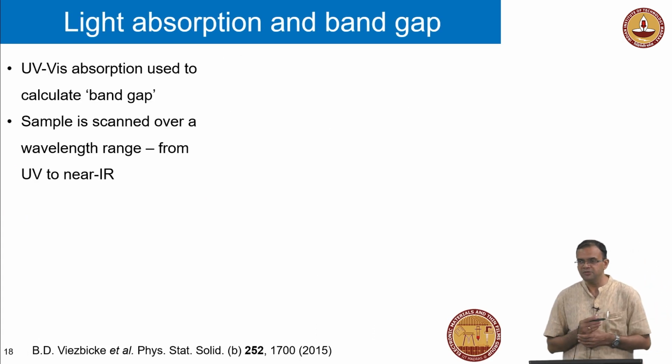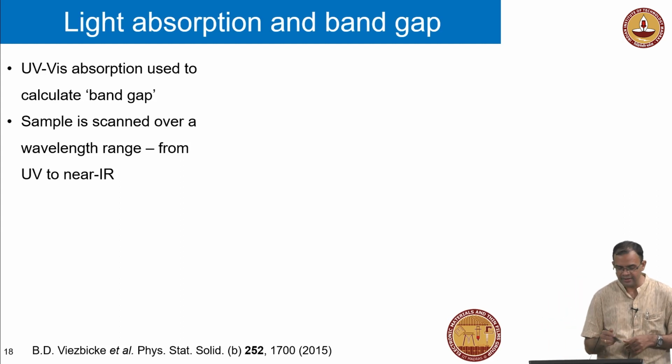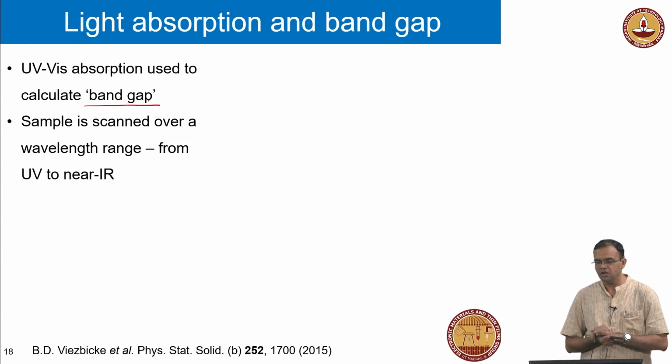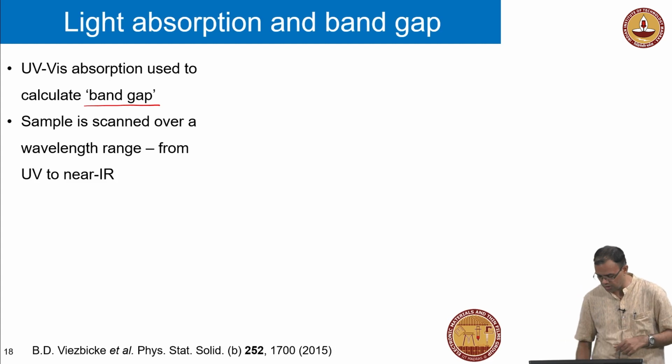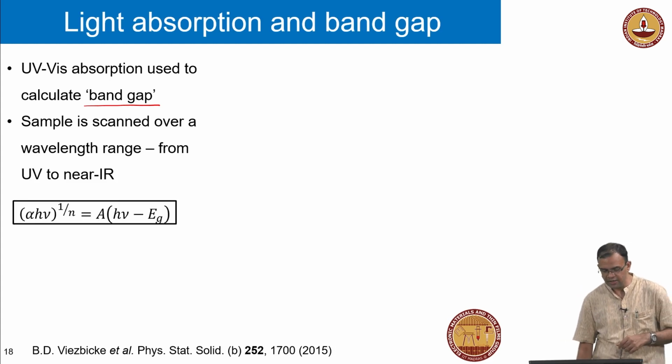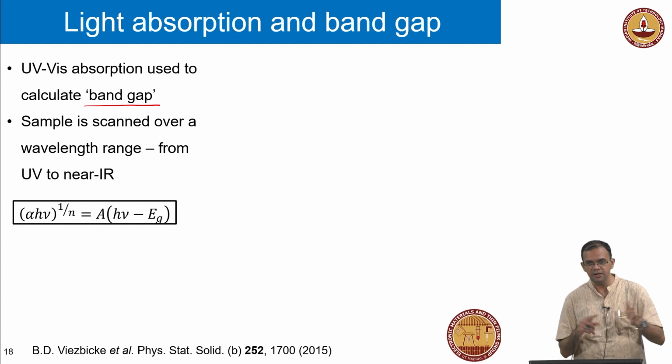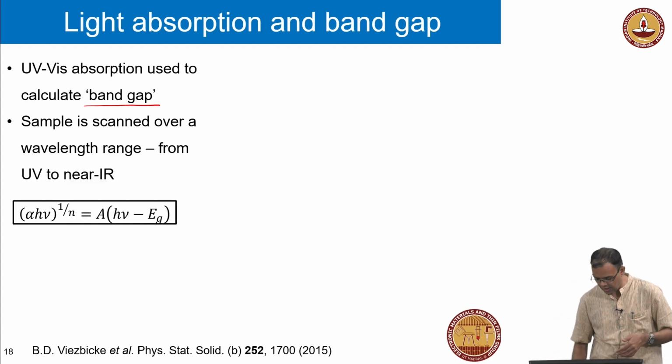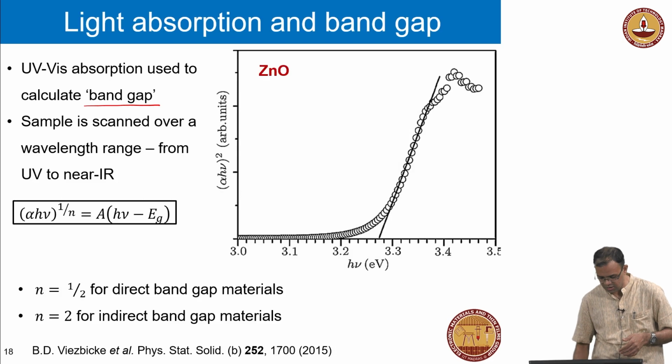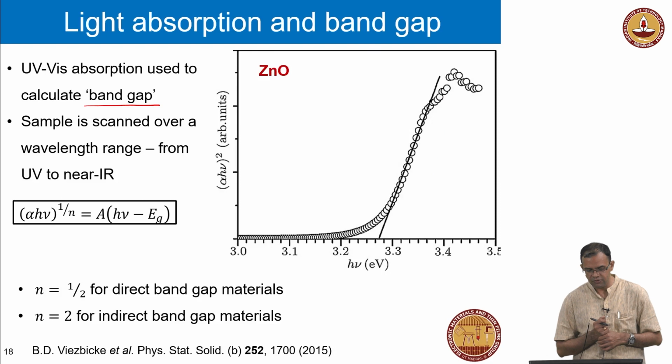Using UV visible absorption, we can also calculate the band gap of the semiconductor. Most papers will refer to this as the optical gap or the optical band gap, because it relates to the band gap that is measured by optical absorption. So in this particular case, the sample is scanned over a wavelength range, and then we have essentially some sort of a function.